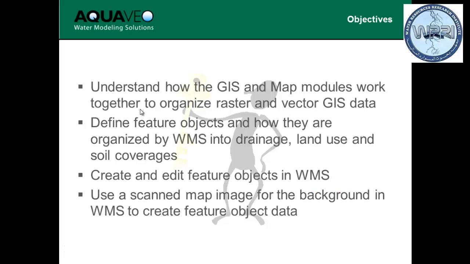There's a term we call feature objects. The definition of feature objects is that they are GIS or vector-based GIS data in the map module of WMS. So whenever I refer to feature objects, I'm talking about vector-based GIS data in the map module.